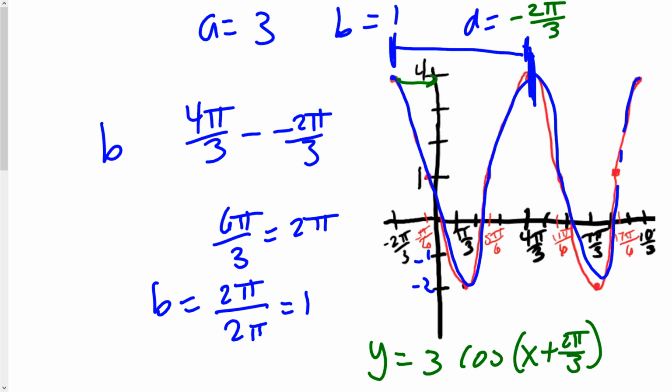And now we need our C, right? So here we're going to look, and we multiplied those by 3, right? So normally it goes 1, 0, -1, back to 0, 1. We multiplied that by 3, so that turned into a 3. But how do we get up here to 4, right?